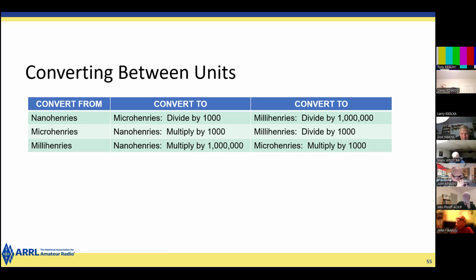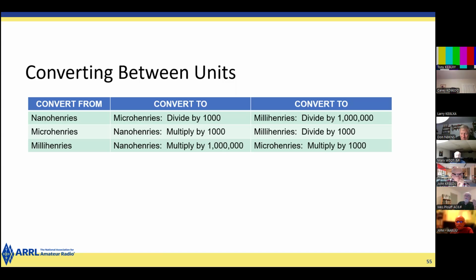So milli means 1/1000th. Micro means 1/1,000,000th. Millihenries and microhenries are very common. Millihenry coils tend to be in power supplies where the frequencies that you want to deal with are low. Microhenries tend to be values for radio frequencies.